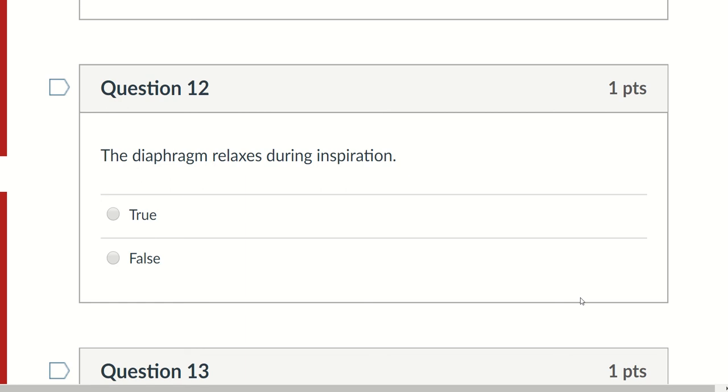The diaphragm relaxes during respiration. False. Oh, hey, you got a little help? So you agree? Yeah, more than 50%. You're 51 false, 49 true.